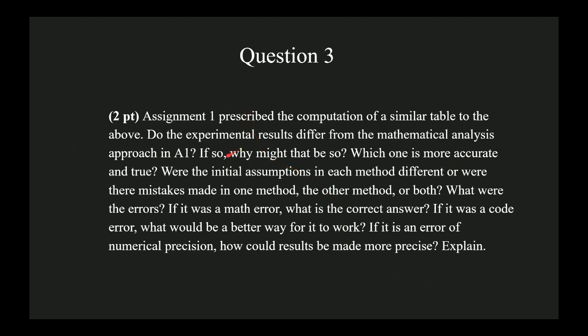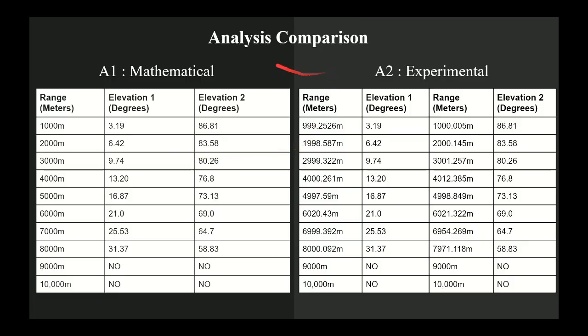For question 3, we're asked if the experimental results differ from the mathematical analysis of assignment 1. This is my comparison of assignment 1 and assignment 2, the mathematical analysis and the experimental results which I got. So yes, they do differ, but the numerical precision is correct, because in my assumption, I thought the numerical values would be around this range for both the mathematical and the experimental values.